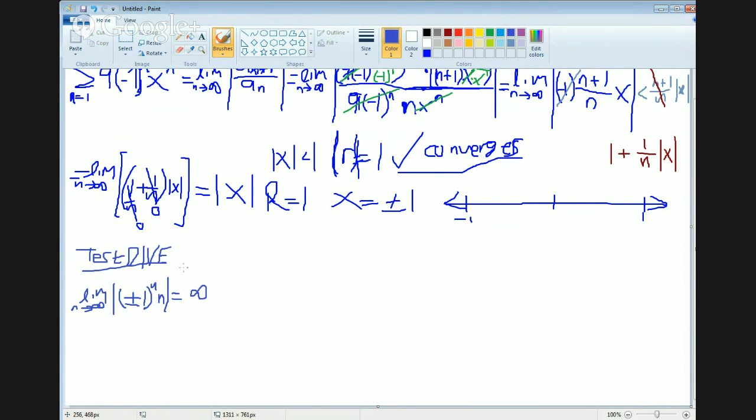And in order to be convergent, the limit has to equal 0. But since it doesn't equal 0, it's divergent.